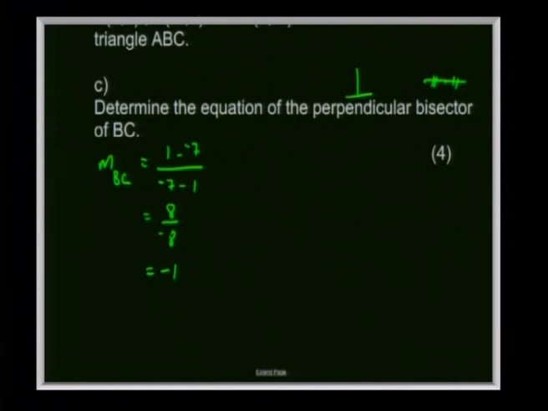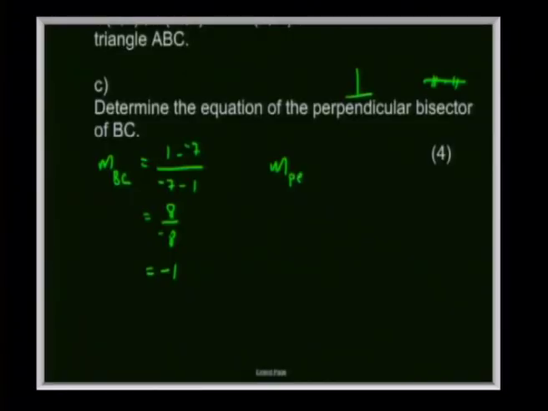So our slope of BC is -1. But that's not the slope of the perpendicular bisector. The slope of the perpendicular bisector is equal to 1. If the product of the slopes is -1, the lines are perpendicular.